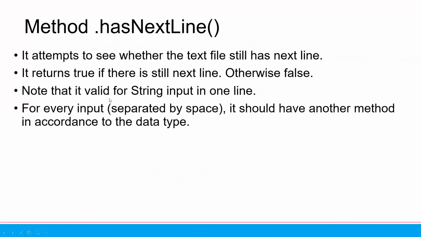Note that it is valid for string input in one line. For every input separated by space, you should use another method in accordance with the data type. It means that the file contains only one line of string, so there will not be many spaces, because there can be integers or doubles in your text file.